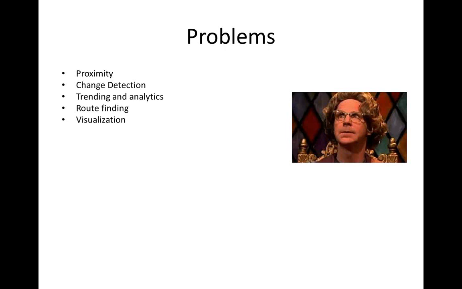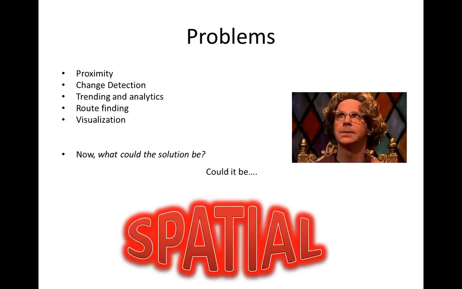Route finding, finding the quickest path to a given point from a given location. And then visualization, of course, that's the new trend right now in the BI space. People are really starting to get into using the different mapping products like Tableau and GeoFlow to see their data spatially on a map. So, of course, the solution to this problem is spatial, right?